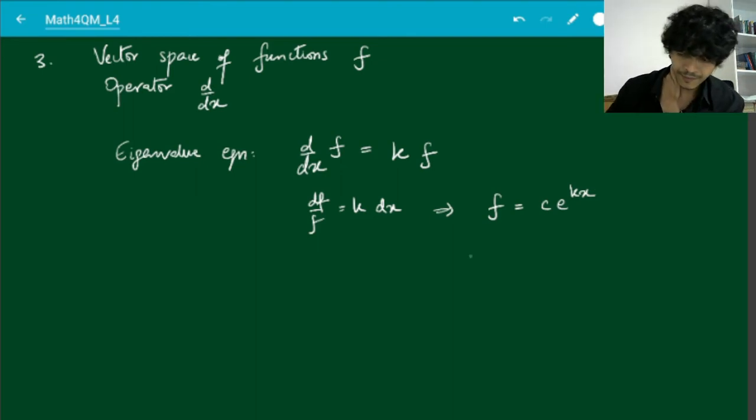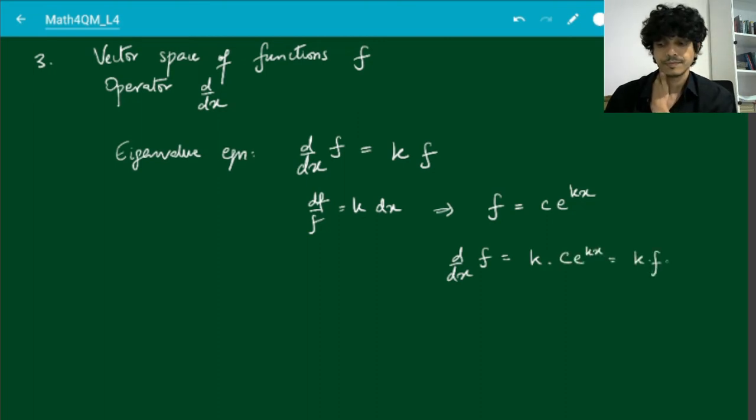Check, no? If you take the derivative of this, you are just going to get k times that same thing. So the operator acting on a vector gives you some constant times the same vector.